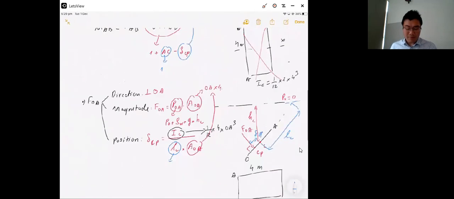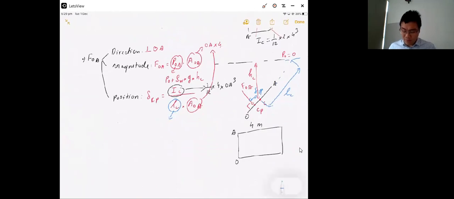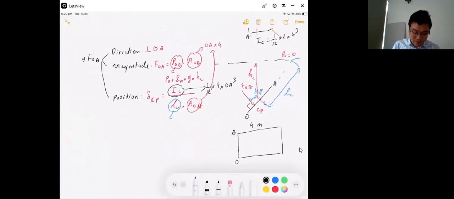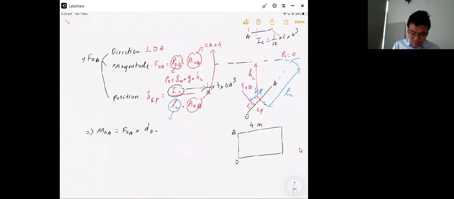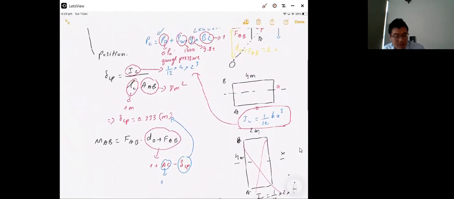Okay, delta CP. And when you have this one, you can find moment of the force equal to force and the distance from O to F. Okay, it's similar to when you find AB.